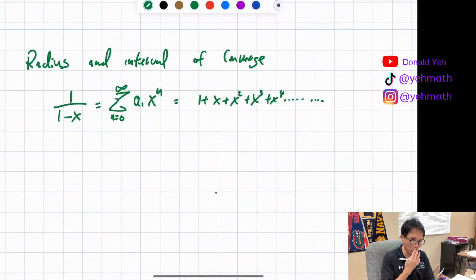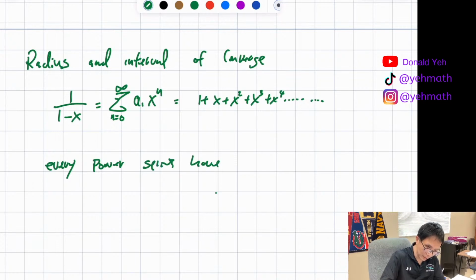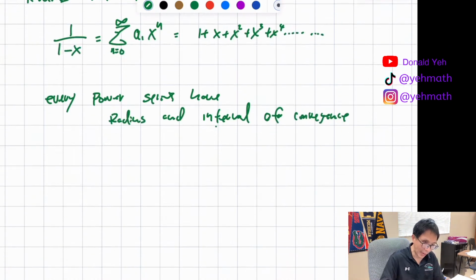So every power series has two things, a radius and an interval of convergence. Sometimes a function only works for a single point, so we got three situations.